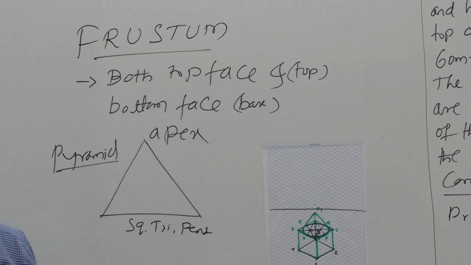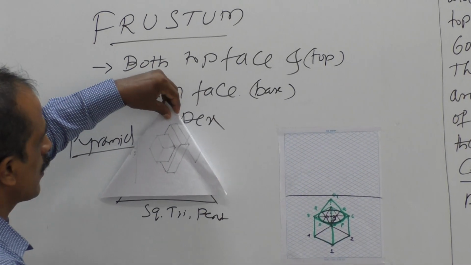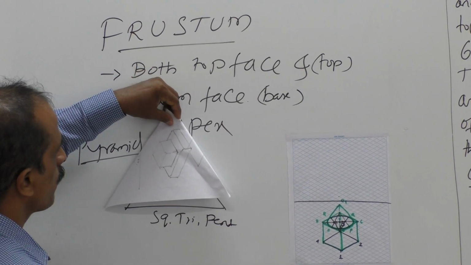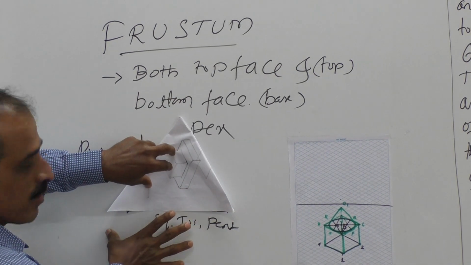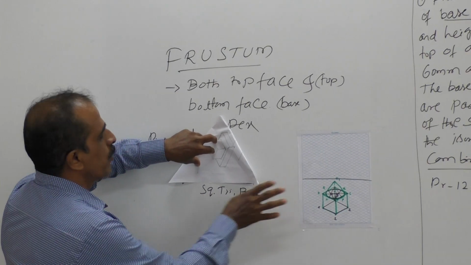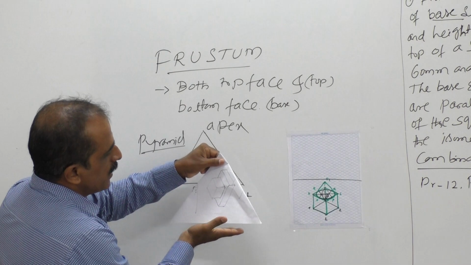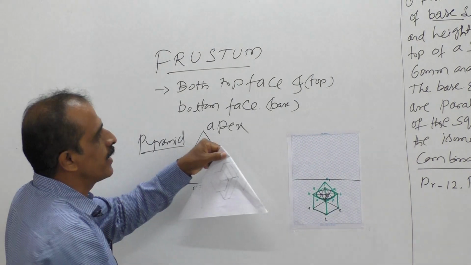Imagine it is a triangular pyramid. Here is the bottom face, which, as I told very clearly, can be square, triangle, pentagon, whatever it may be. At the top it is an apex. Now if these two faces are made equal, then it is called a frustum.